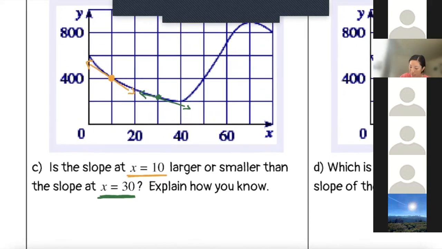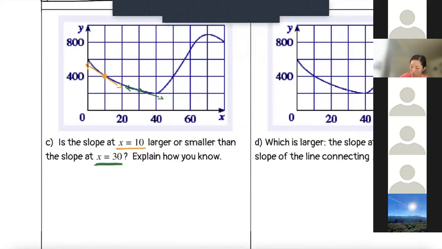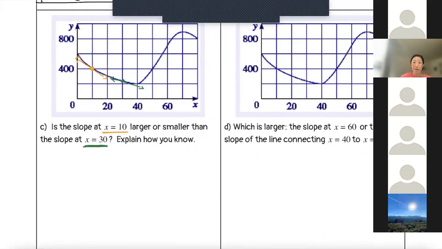Now we are sort of splitting hairs here, but I'm wondering if you can tell me which one of those has a larger slope. So tell me why x equals 10 has a larger slope. Okay, it is steeper, has a greater incline.